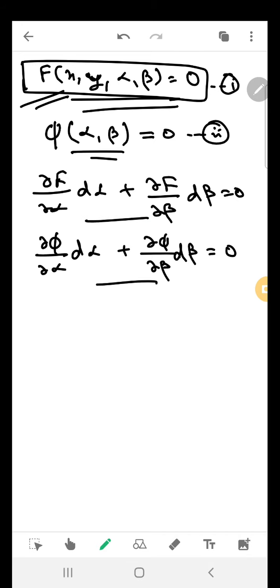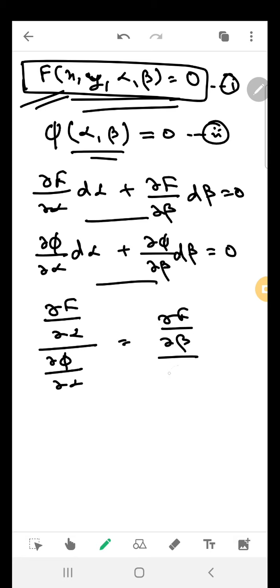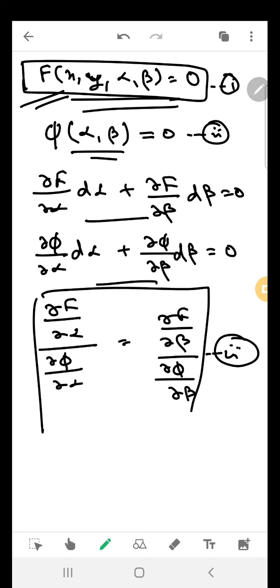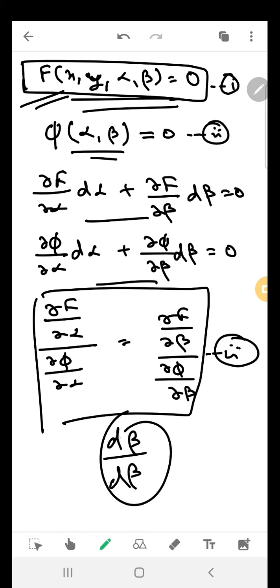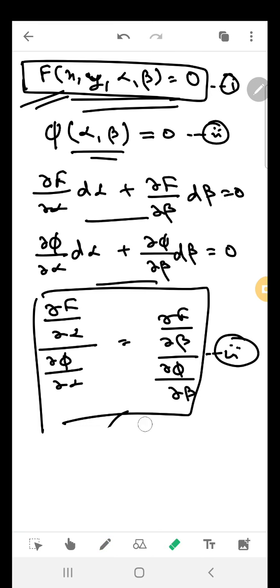On comparing these two equations, you get del f over del alpha upon del phi over del alpha equals del f over del beta by del phi over del beta. This will be a third equation. Basically what we are doing here is that if we equate d beta over d alpha, we will be getting this only. Getting it? Clear?